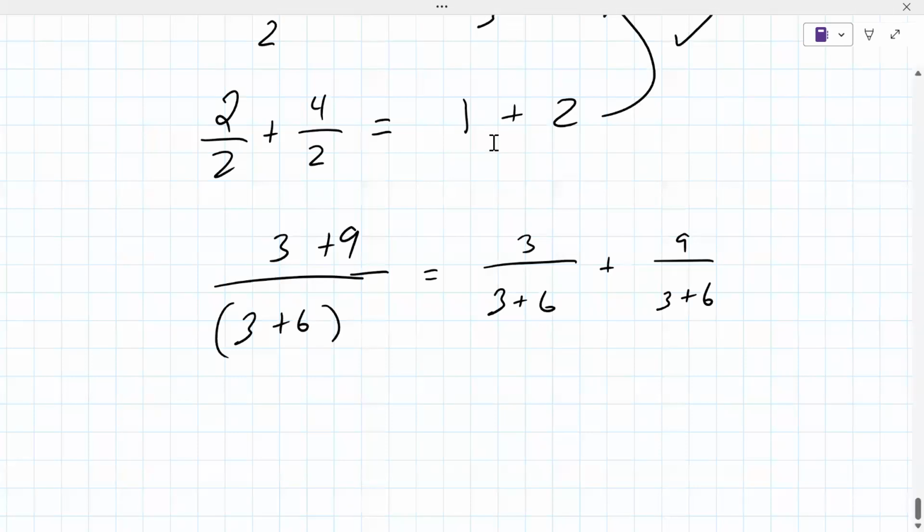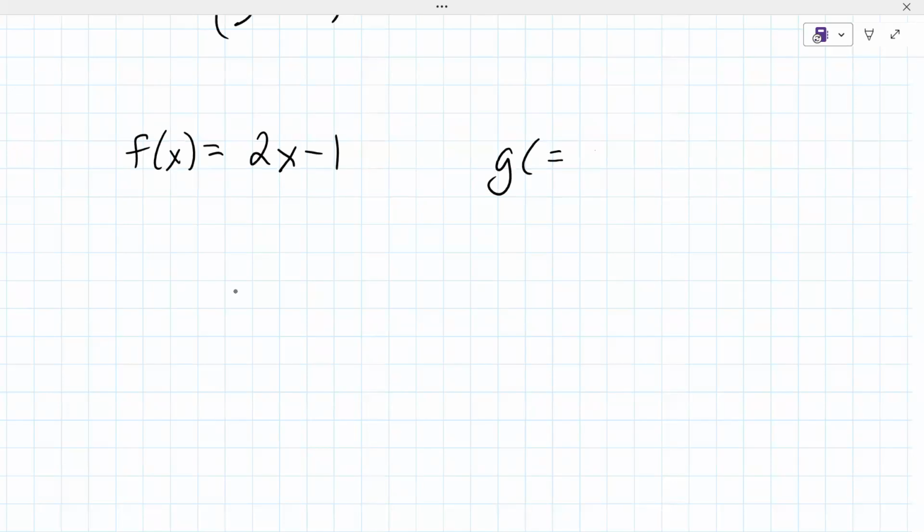Okay, let's try another one here. All right, let's do composition. Let's say f of x is 2x minus 1, and g of x is negative 4x plus 3.